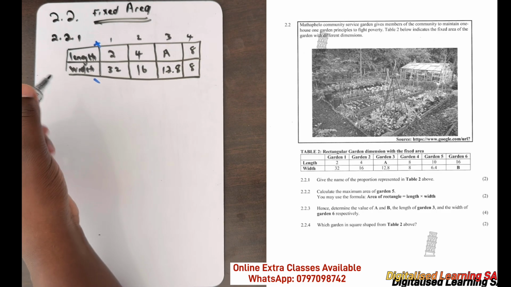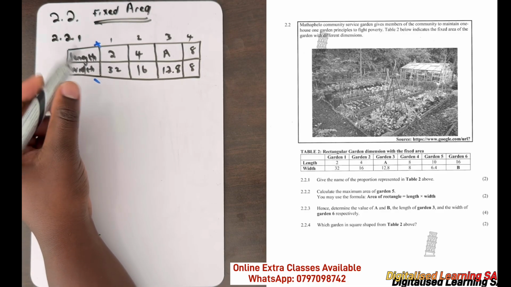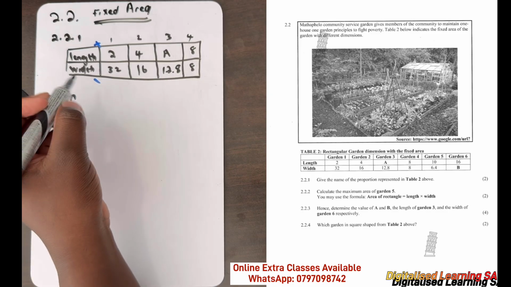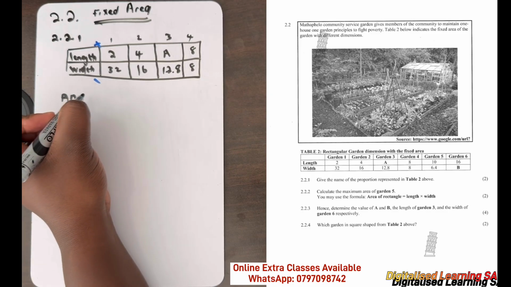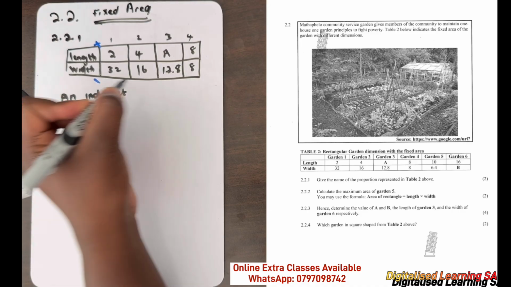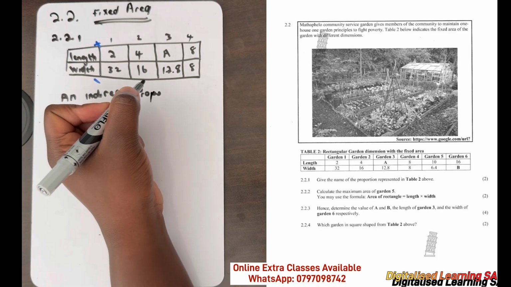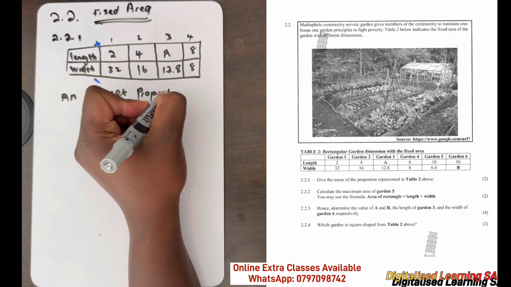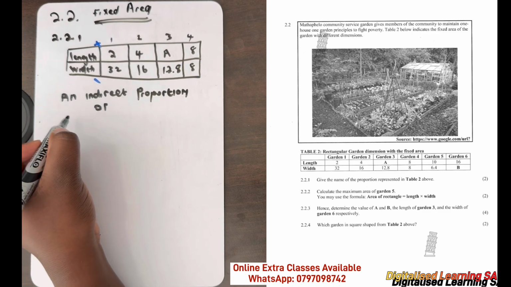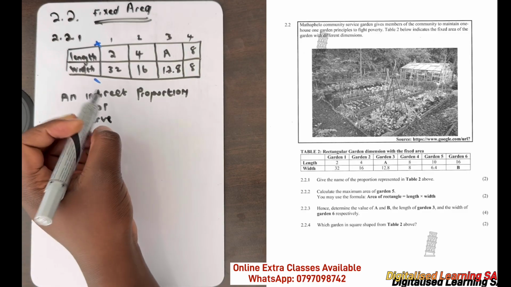Our answer will be an indirect proportion, based on the relationship that we just identified. And an indirect proportion is also called an inverse proportion.